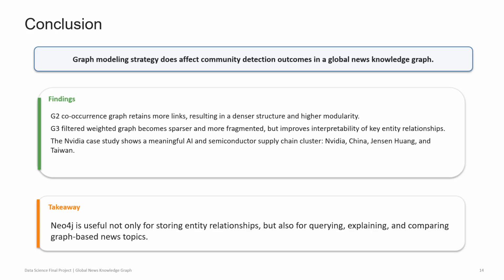We reduce this problem with entity filtering, but it cannot be completely removed. Third, our topic labels are rule-based interpretation, not ground truth labels. So we don't claim that G3 is always better. Instead, we show that different graph models provide different types of insights.